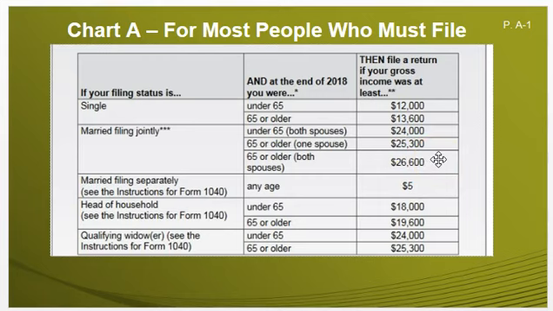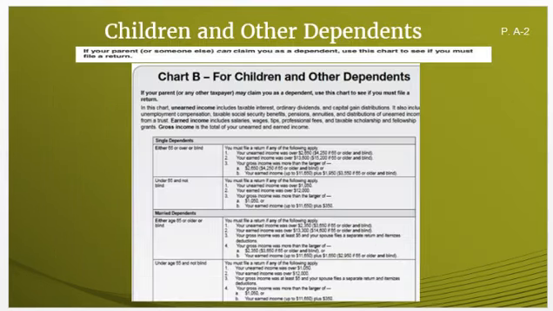I also want to highlight this. Married filing separately, any age, must file a return if they make $5. Okay, so this little chart is going to be helpful. It's on page A1 to determine if somebody needs to file based on their age, their filing status, and the amount of income that they have.